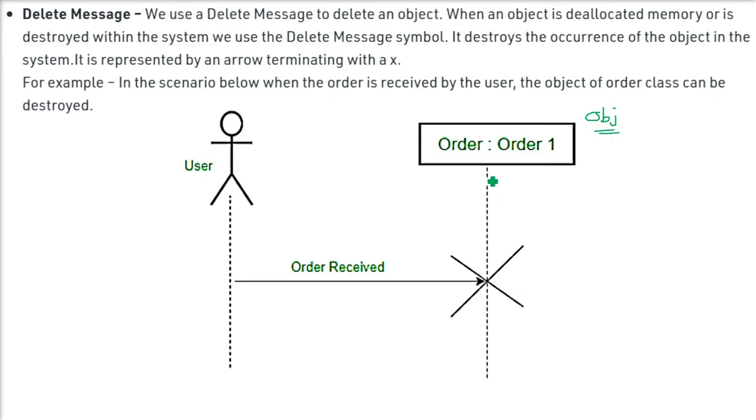It is represented by an arrow terminating with a big X. So this is the scenario: the order is received by the user, and the object of the order class can be destroyed now. So here is a proper delete message, and you don't have to write anything. You can just put a cross. It means deleting the object. You are deallocating the memory also, and this object will be destroyed.